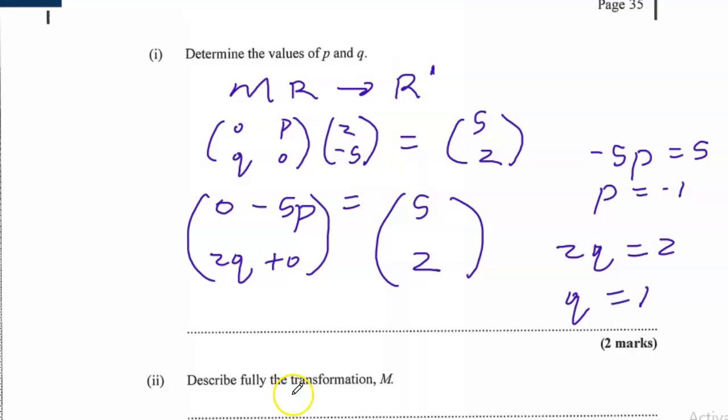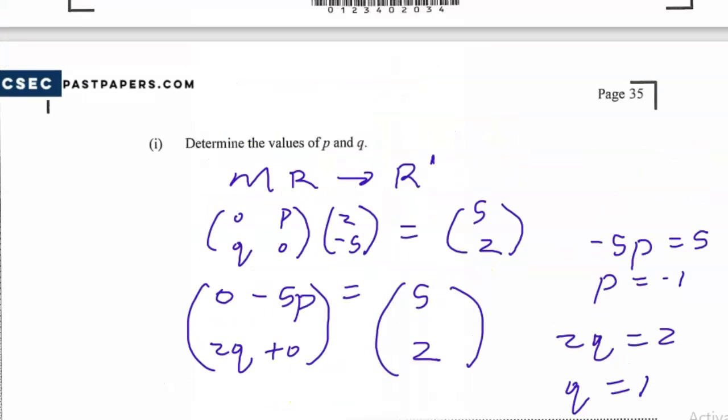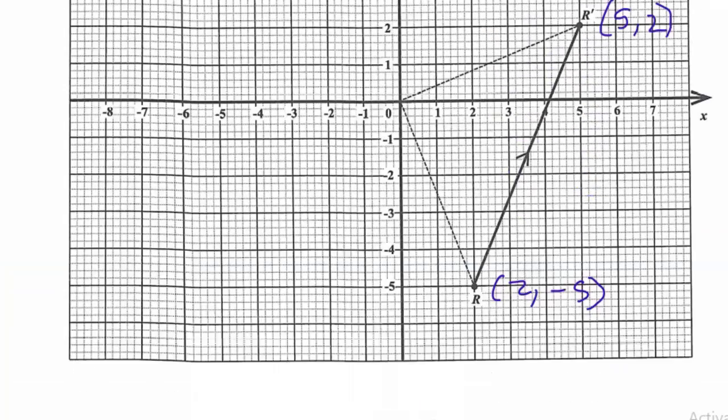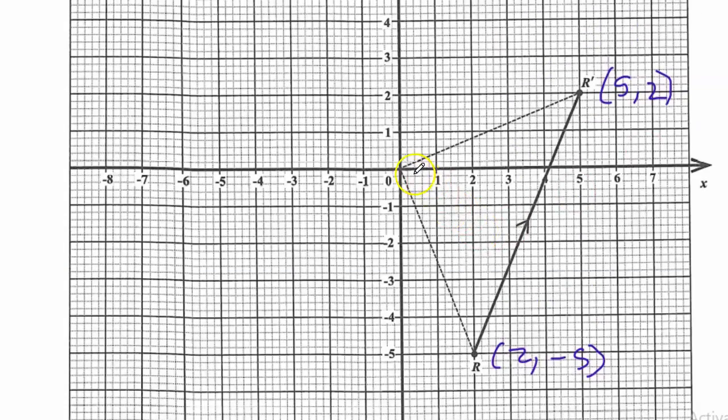Next, we're asked to fully describe the transformation M. Let's look at the transformation again. Now you'll notice the relationship between R and R image. If you should measure this angle there, this angle would be a 90 degrees angle.